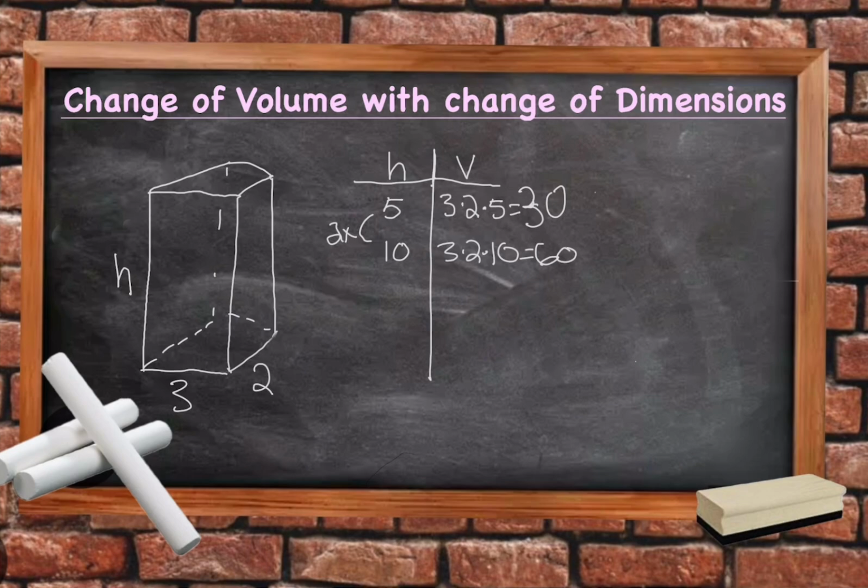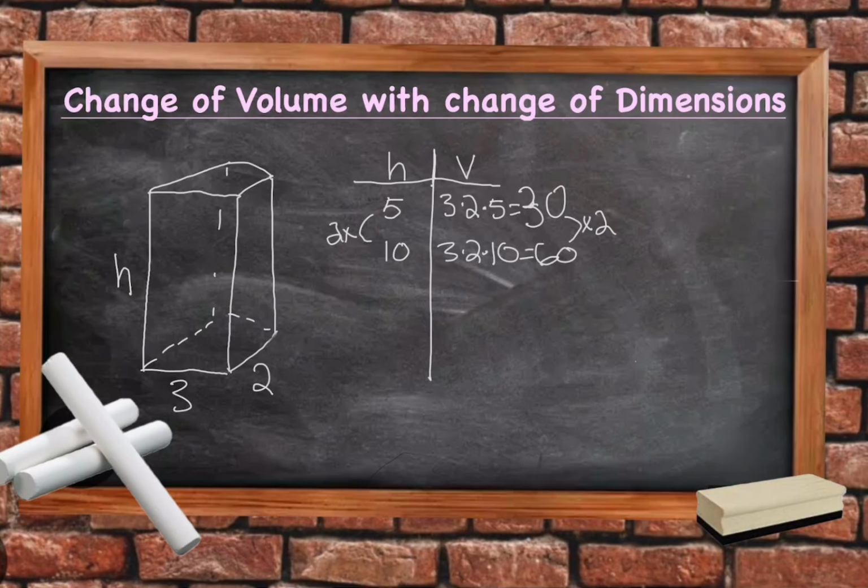Okay? And as we can see, that is double of the volume that we got earlier. Well, that's interesting. We noticed that when we doubled the height, the volume doubled as well.